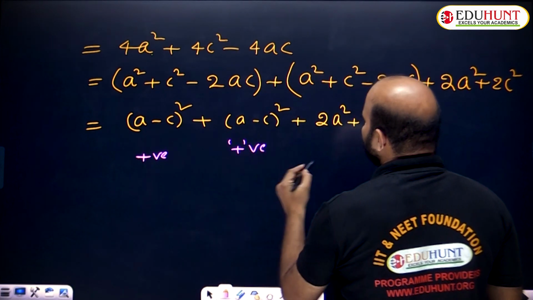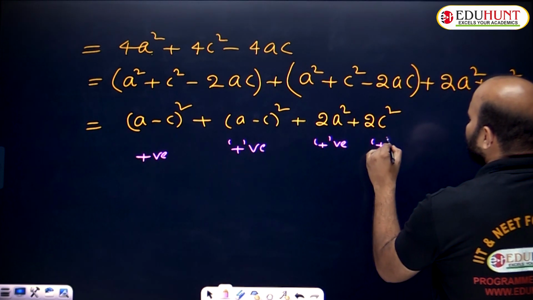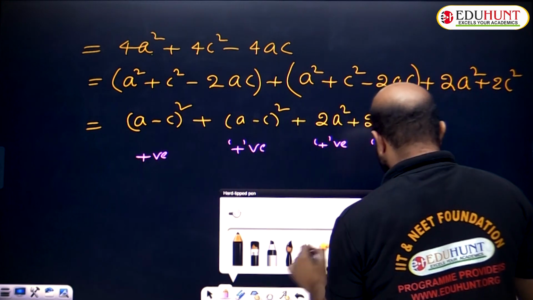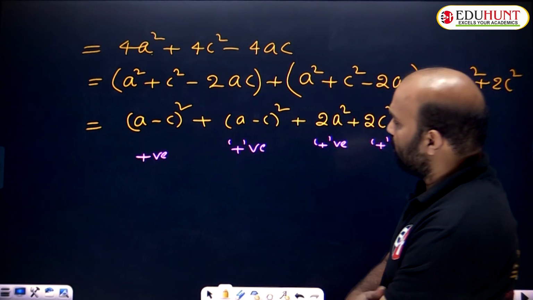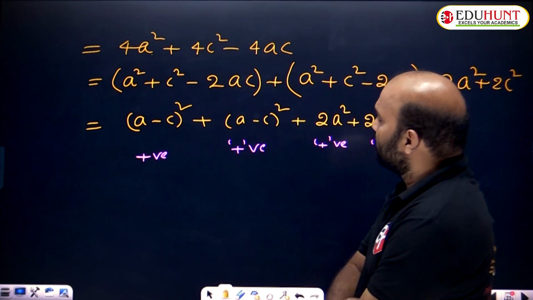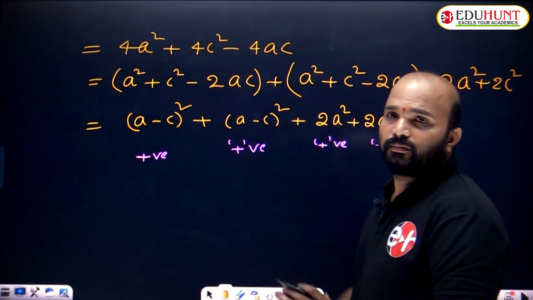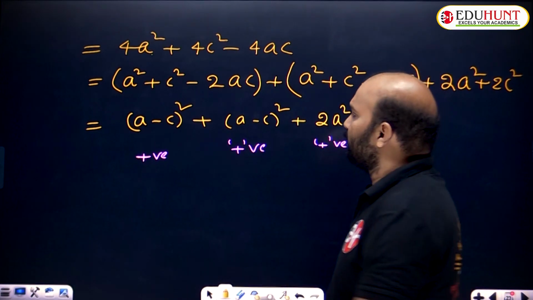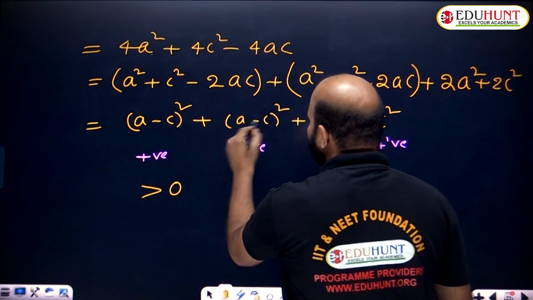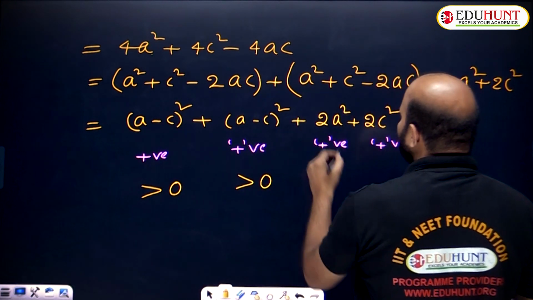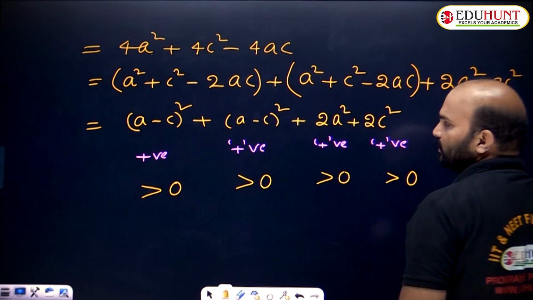Since a minus c is a real number, its square is always greater than 0, and 2a square and 2c square are also greater than 0.